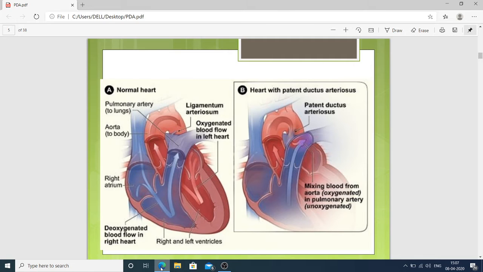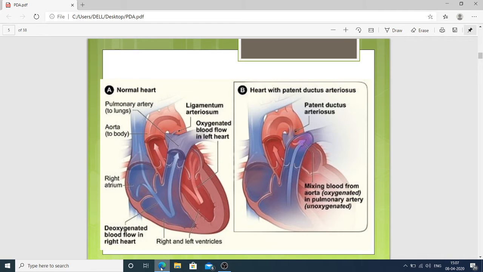Why? The aorta belongs to the left side of the heart, because it takes blood from the left ventricle and then circulates the blood to all the systems, and the pressure in the aorta is more as compared to the pulmonary artery.